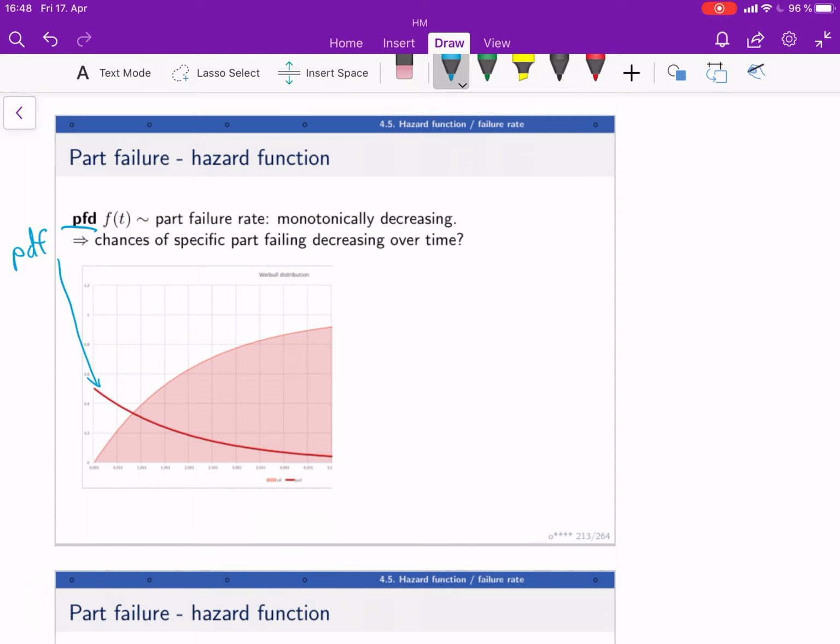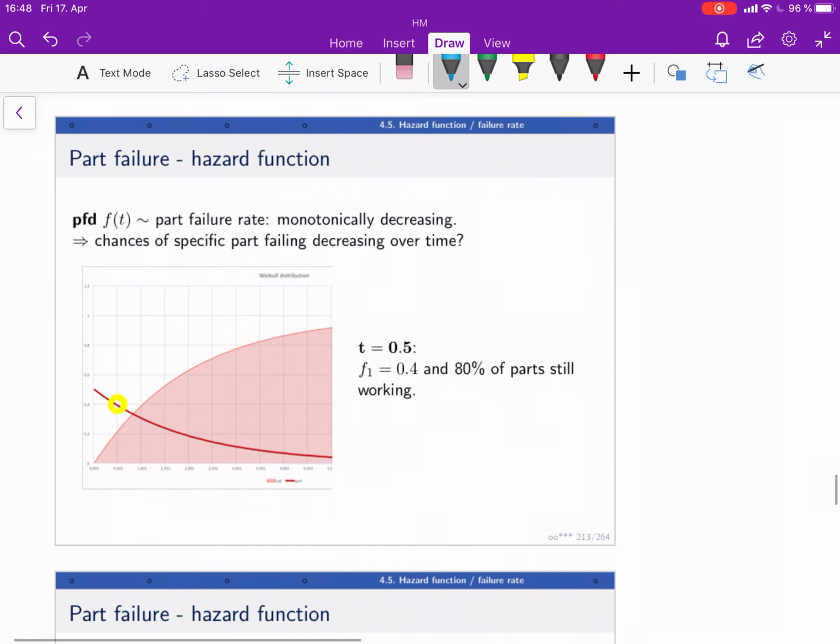If you look at certain time points, let's start at t equals 0.5, my probability density is at 0.4, and we have an F of 0.2, which means 80% of parts are working. Survival function, 1 minus capital F, 1 minus 0.2 is 80% working.